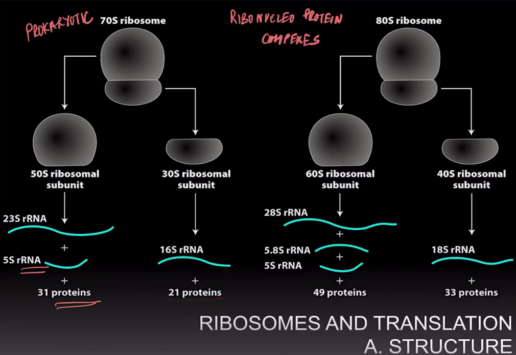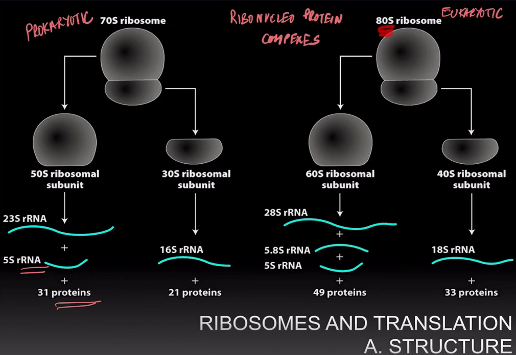The structure of the eukaryotic ribosome is quite similar, although on the whole the ribosome and the subunits are larger.